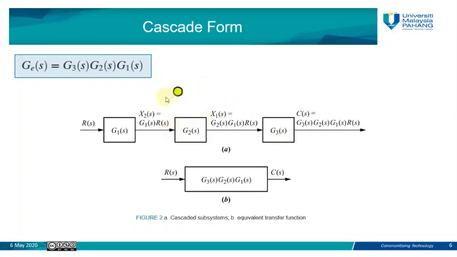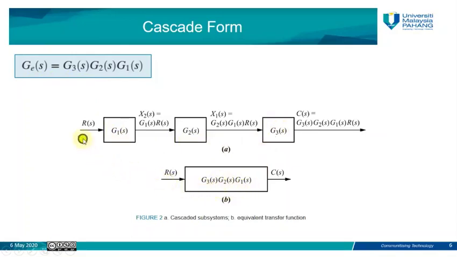So in order to simplify this cascade form of control system, the equivalent transfer function of this system represents the multiplication of the three transfer functions. So we have G1 times G2 times G3, or G3 times G2 times G1, it's the same.